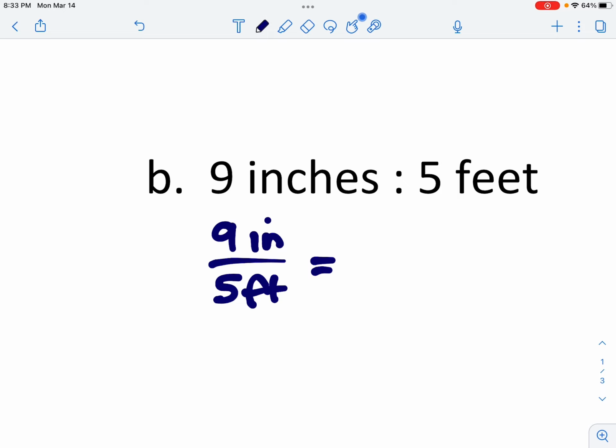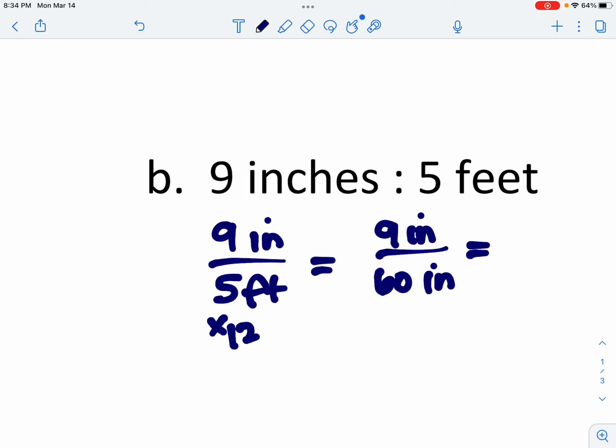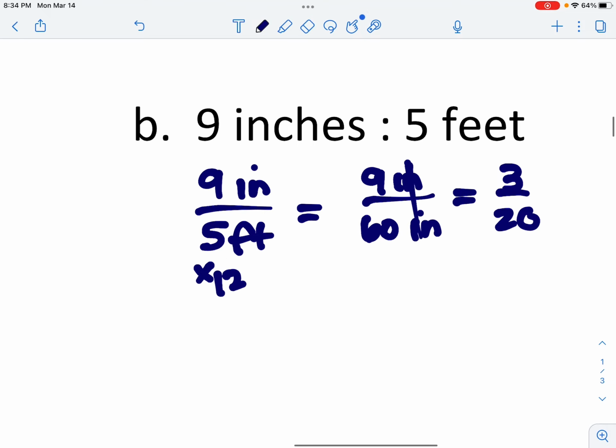There's 12 inches, so I'm going to multiply my 5 by 12 to convert that all to inches. So I'm going to have 9 inches over 60 inches. And then I can simplify. When I simplify, I get rid of my inches and I have 3 over 20. Or I can write it as 3 to 20.